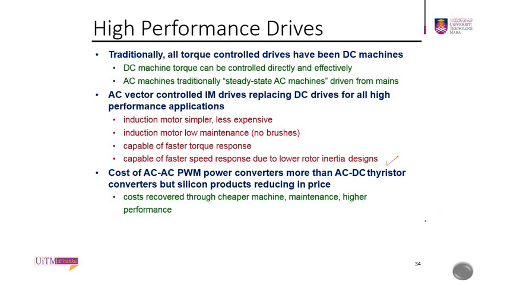And the cost of an AC PWM power converter is more than the AC to DC thyristor converter. But now, with the advancement in semiconductor and silicon products and manufacturing, the cost is getting cheaper. The cost is also recovered through cheaper machines, maintenance, and high performance.